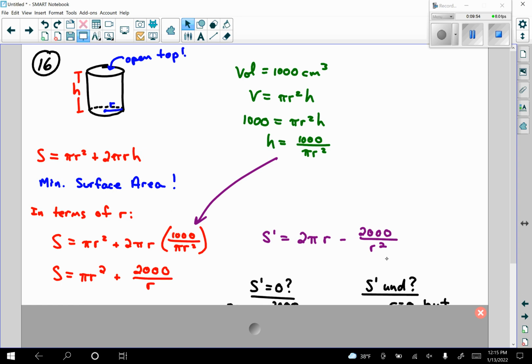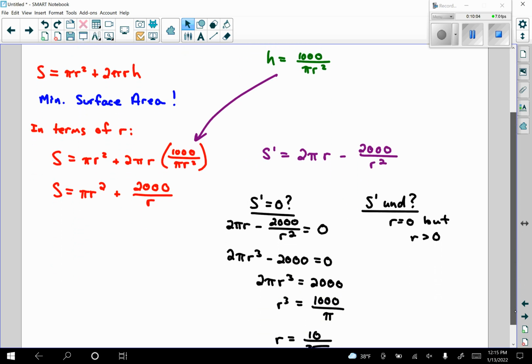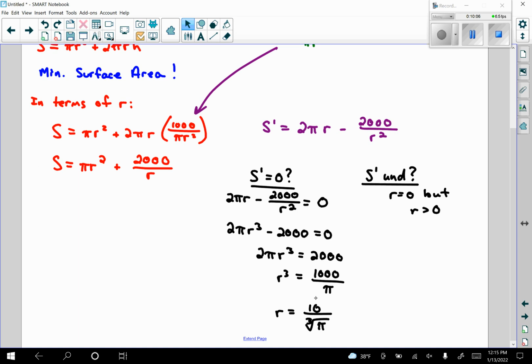And then we'll go ahead and find the first derivative, which we would get 2 pi r minus 2,000 over r squared. And we'll ask ourselves our two questions. Where is this first derivative equal to 0? Turns out to be the same radius that we got for our other in-class example. And it'll be undefined when r is 0, but r has to be greater than 0.